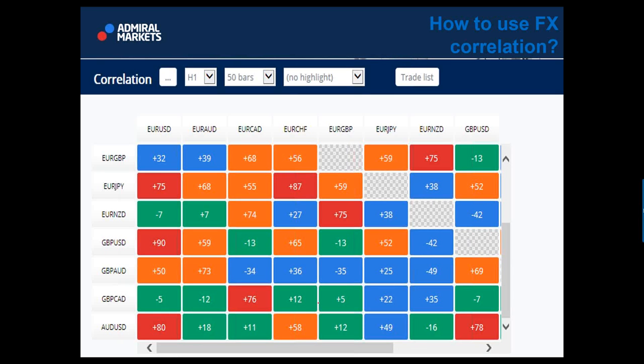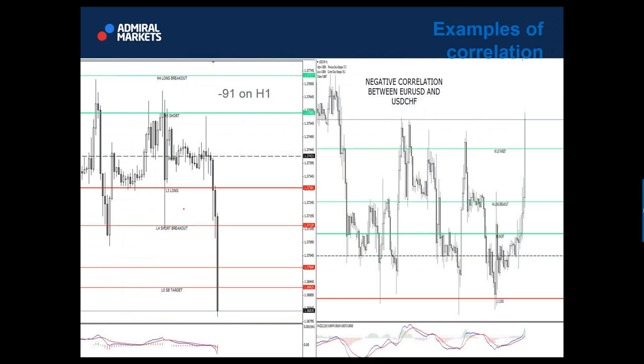So this is a great tool, and you have sliders to use, so you can move it up and down, and this will stay the same, so you can see various correlations. This is an example of a negative correlation between euro dollar and dollar Swissy.